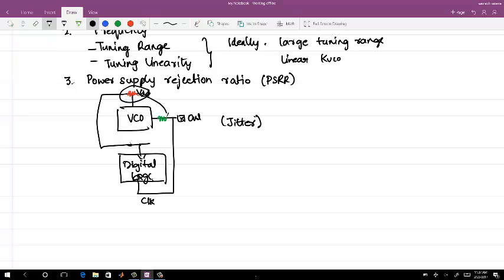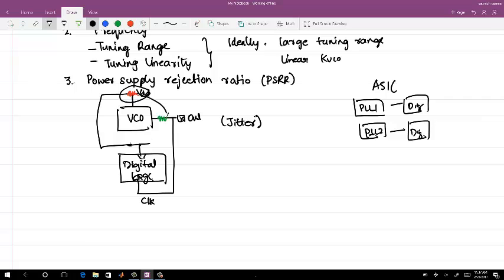Let me give another example, that I can have multiple PLLs, PLL1, PLL2, for different digital logic. This is very common these days in your ASICs. You have multiple PLLs for different applications.